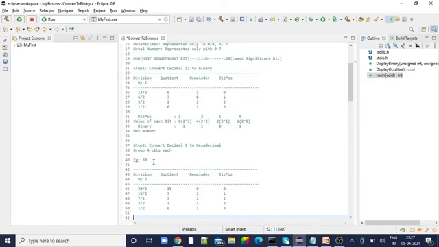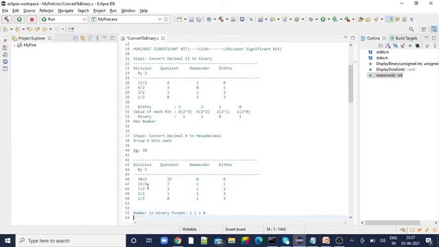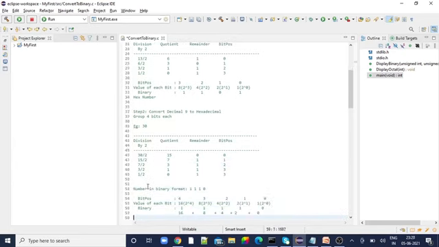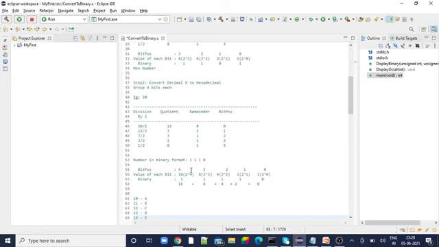For example, I've taken the number 30. With the similar method I explained before, we convert 30 into binary format, and the number will be 11110. This is the format which we have got.